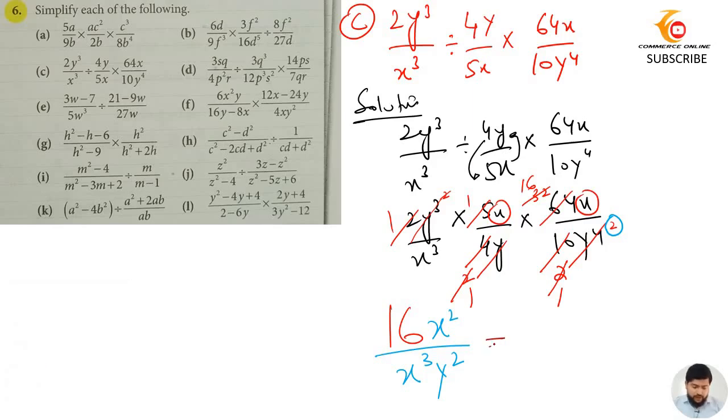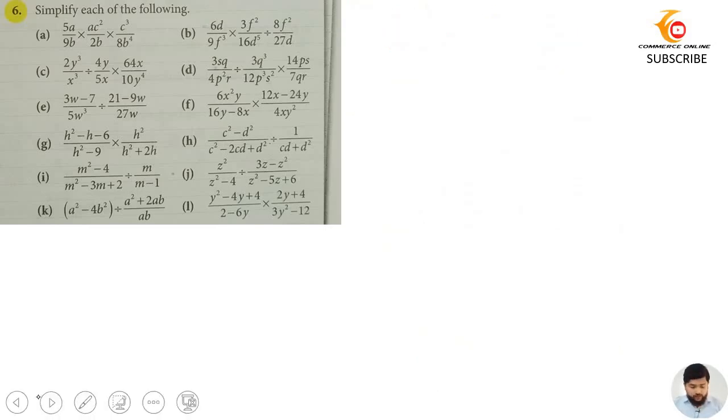Now I'm going to write 16, and this x square will cut from the cube, so only 16 will remain, and the x power 1 will remain after the reduction, and that is y square. This is your answer.